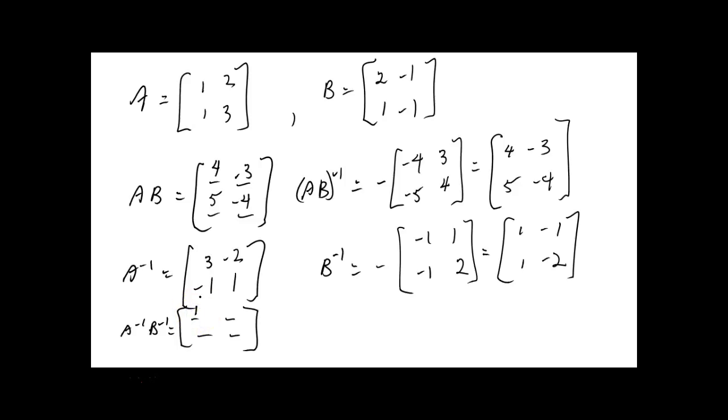The 1,2 entry, the first row, second column. Is it -1? It would be a -3 plus 4, right? 1, wouldn't it be? Okay. So 1, 1.